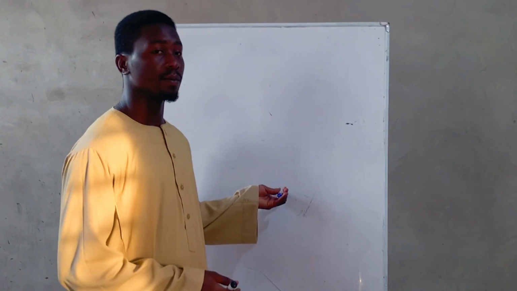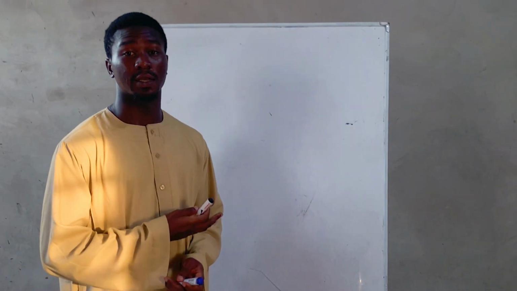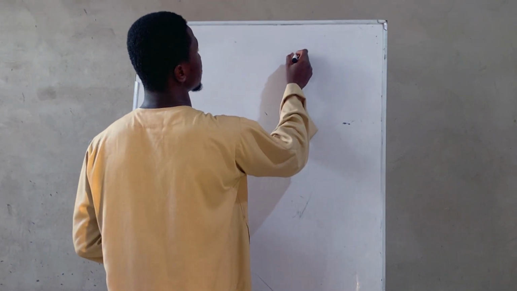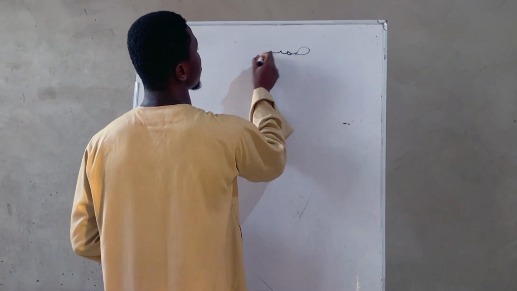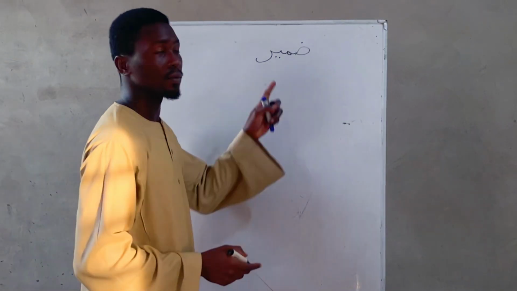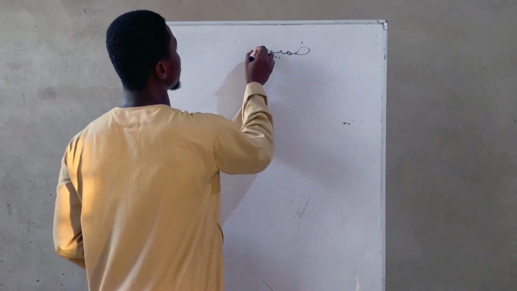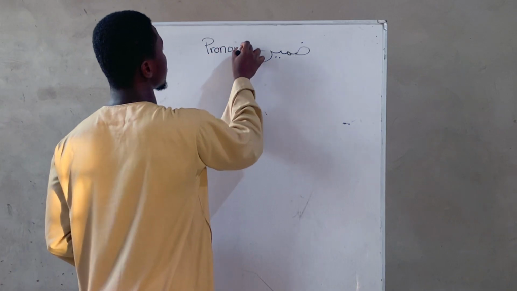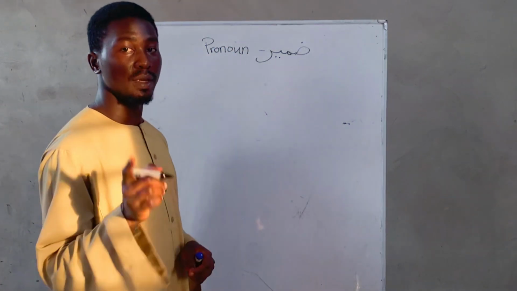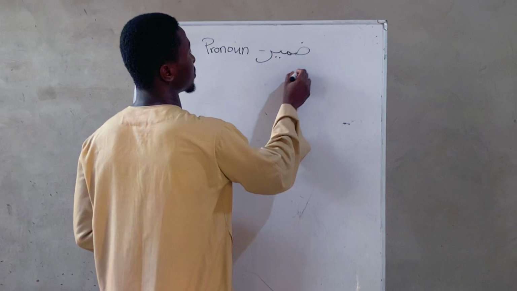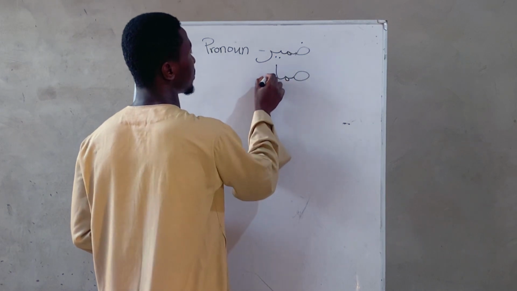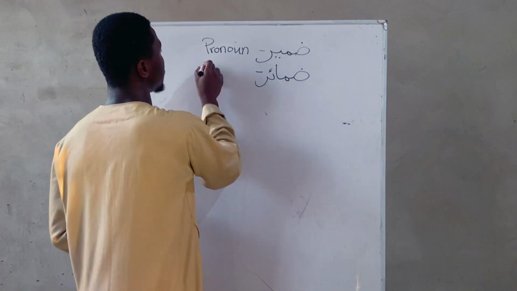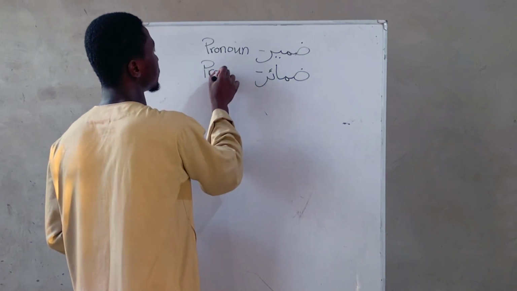I'm getting to the blackboard and we'll be using it to learn the Arabic language. So we have the word damirun, which means pronoun, and then we have the word damairu, which means pronouns.